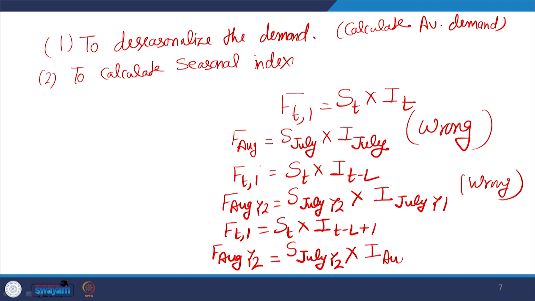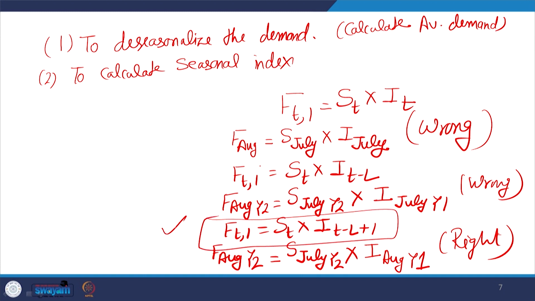So, August Y1, that is right. So, we need to see how we are going to take this calculation forward, and with this we will be able to update.